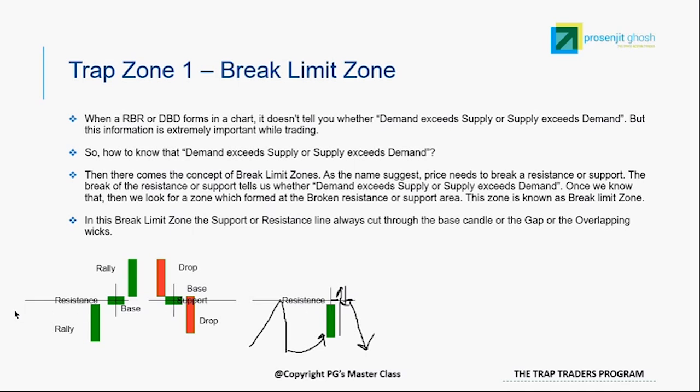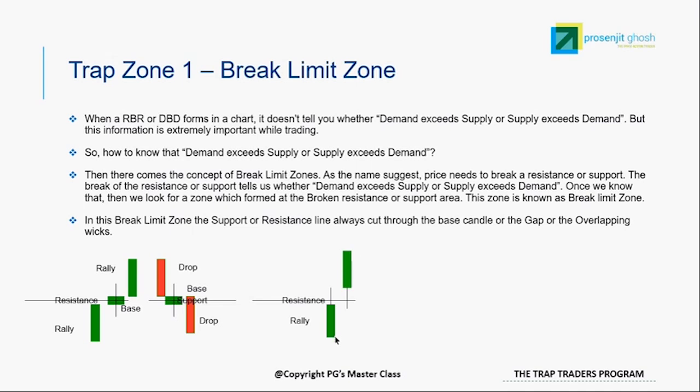And next thing what happens, next day price gaps up above the resistance, comes down first, creates an overlapping wick, and then moves up and closes above.